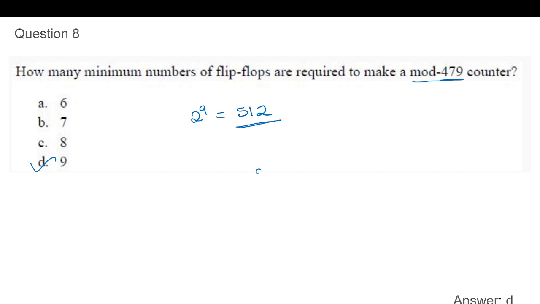And if we want to make, say, a 32 state mod, then the number of flip-flops required will be 5. We need 5 flip-flops, because 2 to the power 5 is 32.